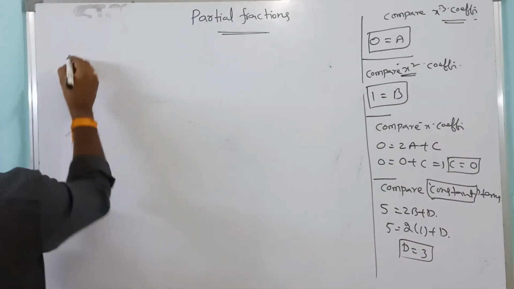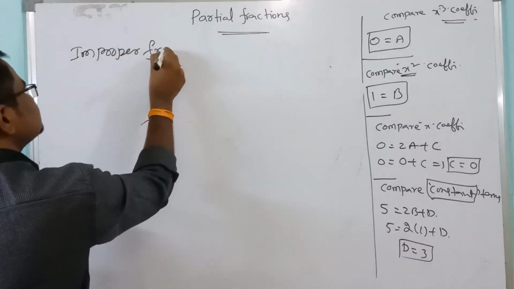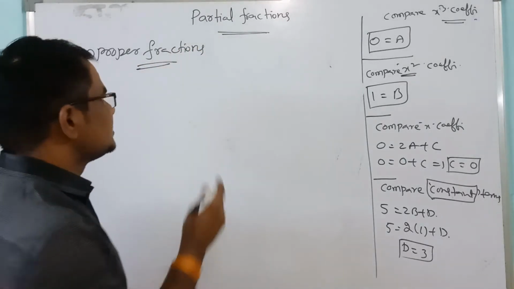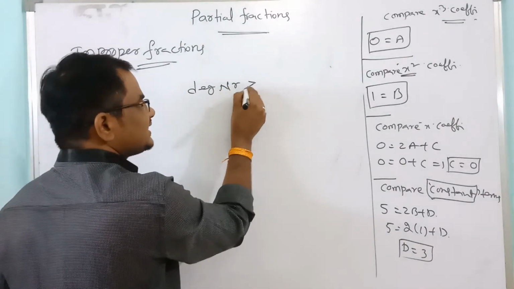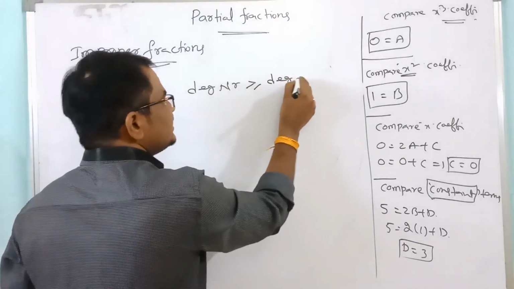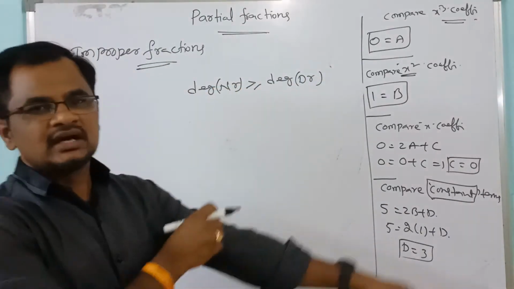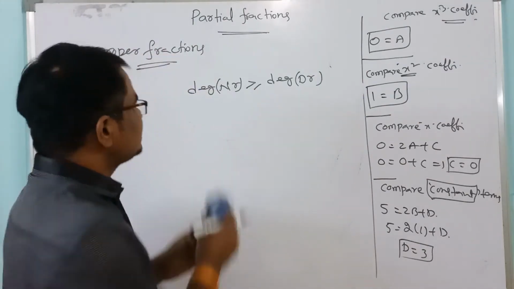Now the improper fraction. Improper fraction means the degree of numerator is greater than or equal to the degree of denominator. Then that rational fraction is called an improper fraction, right?